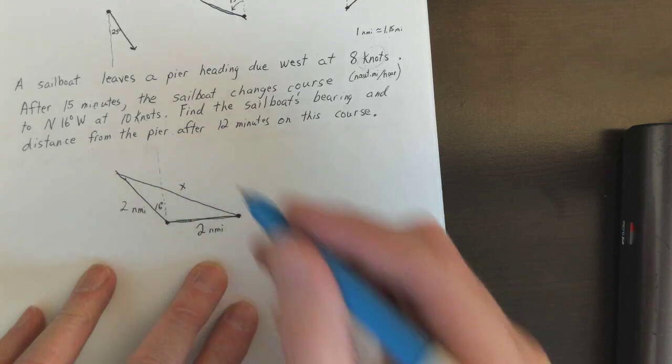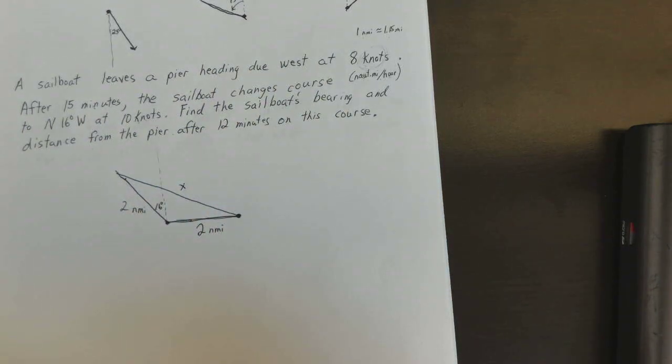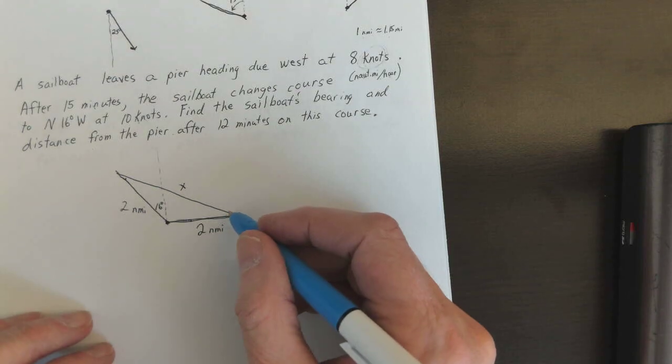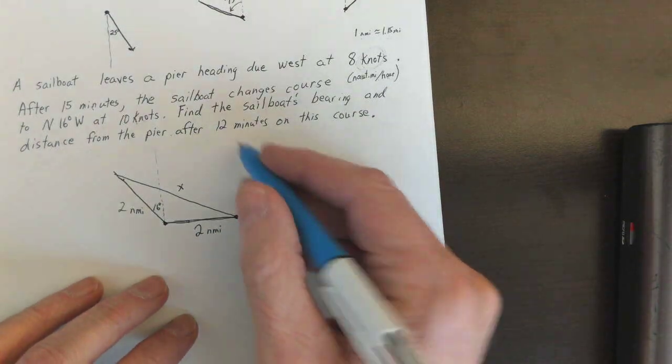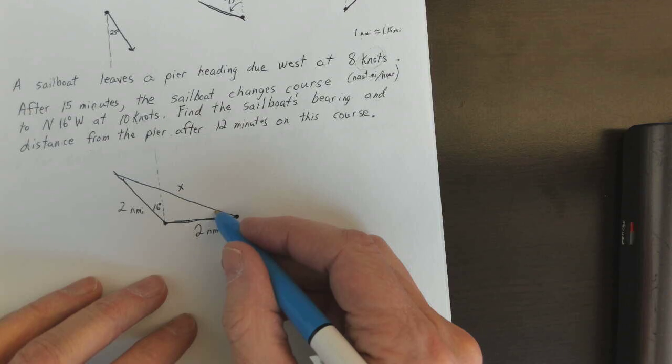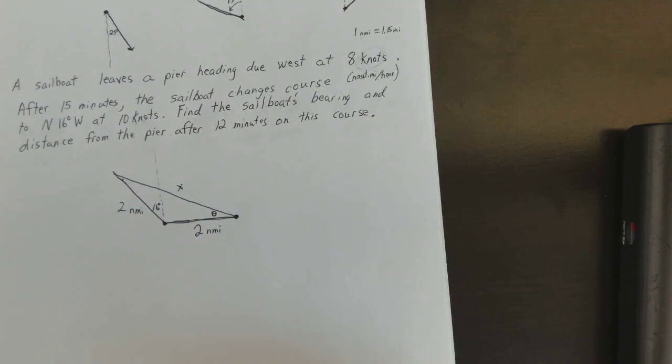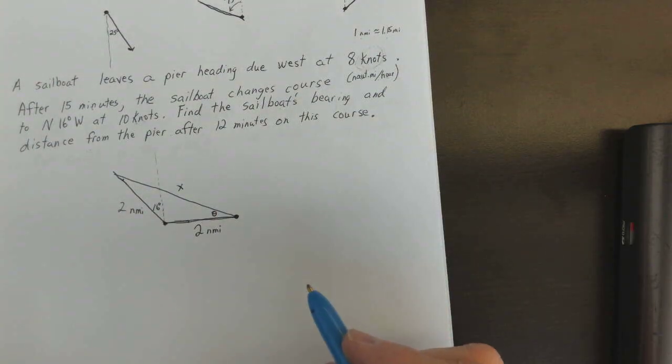I'll make this my X. And we also want to find the bearing. But to do that, I'm just going to find theta. That's not going to tell me the bearing. I'll interpret it into the bearing after I find this theta, but I want to find that within this triangle.